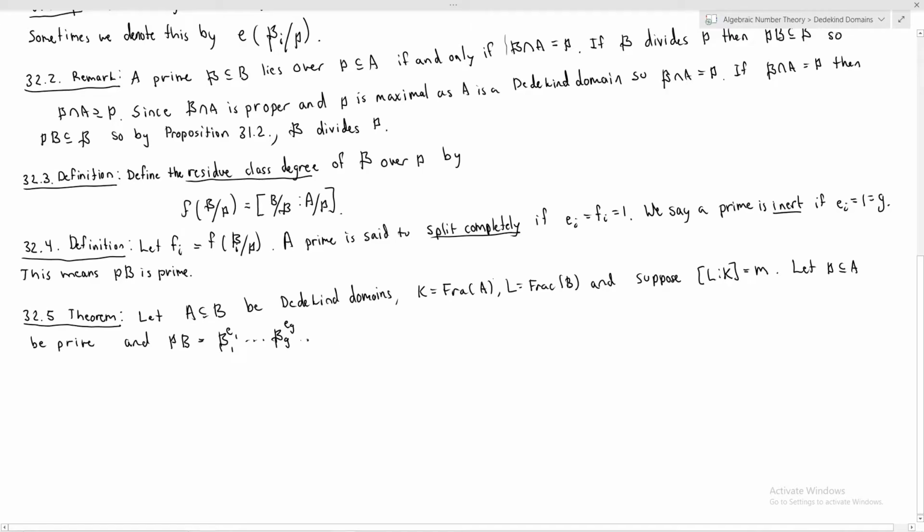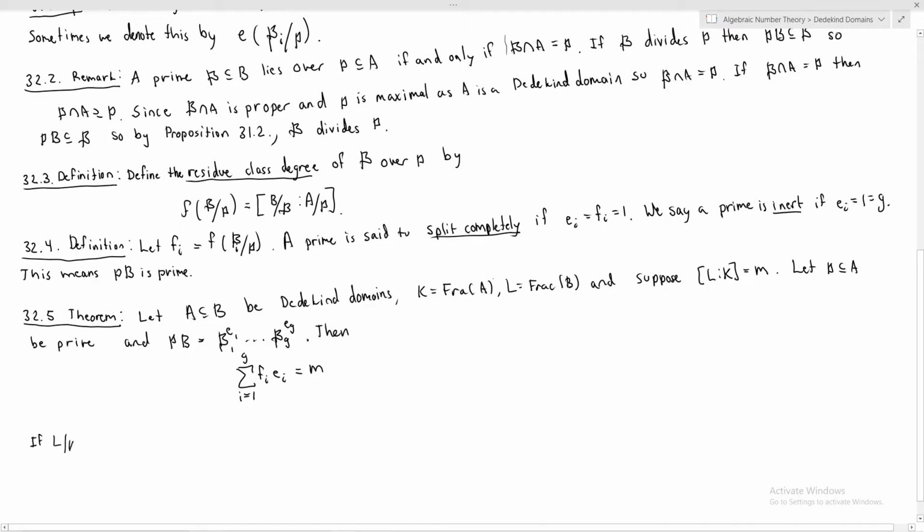If Fi and Ei have the same notation as above, so the residue degrees and the ramification indices, then basically there's the following constraint on these: the sum of all the products of Ei and Fi has to be equal to the degree of these fields, m. Okay, and we can say something stronger in the Galois case.